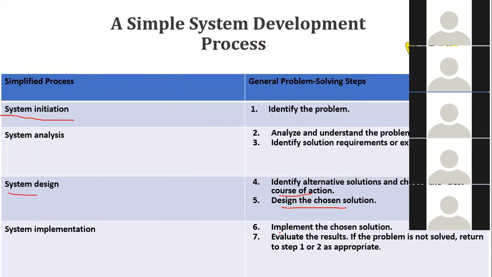Then we have implementation. This is when we implement our chosen solution and we evaluate. Again, I want to repeat, evaluation is done through each stage. But the final evaluation is basically to give the yes or no. Have we achieved it? If we haven't, then we go back to stages 1 and 2.